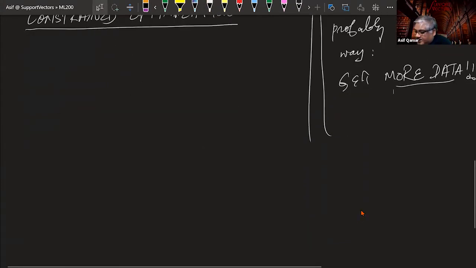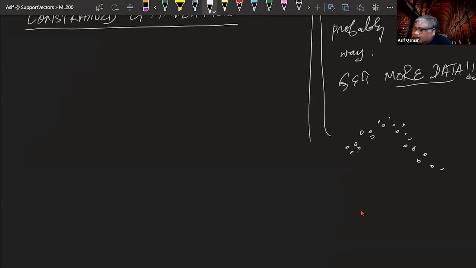Suppose you have points like this. Lots and lots of data. I'm not making enough dots, but imagine that this is very densely packed with data here. But then what happens is, the curve that tries to overfit won't get enough flexibility.